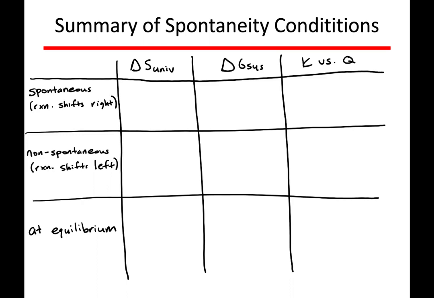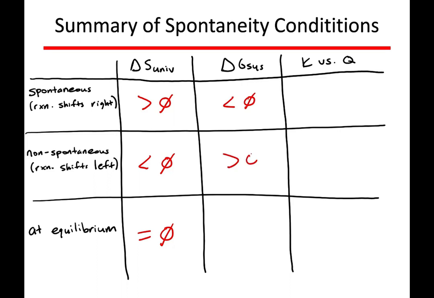So we said that for delta S universe, a reaction is spontaneous, or a reaction shifts to the right, if delta S of the universe is positive. A reaction is non-spontaneous, or it shifts to the left, if delta S of the universe is negative. And the reaction is at equilibrium if delta S of the universe is equal to 0. Our spontaneity condition for delta G of the system says that a reaction is spontaneous if delta G is negative.